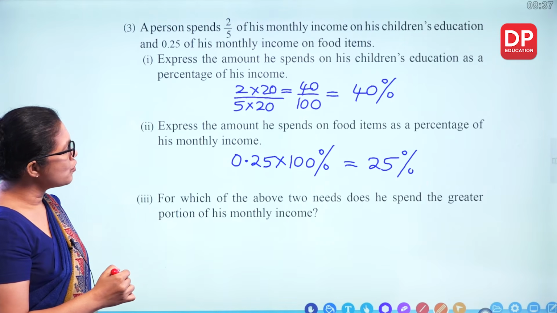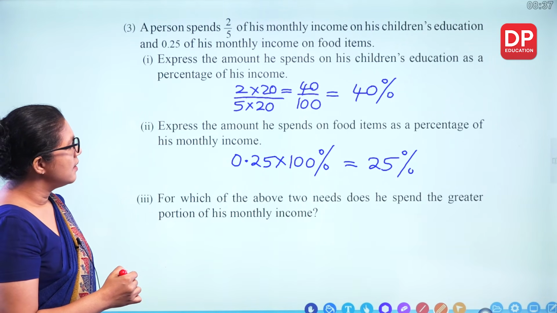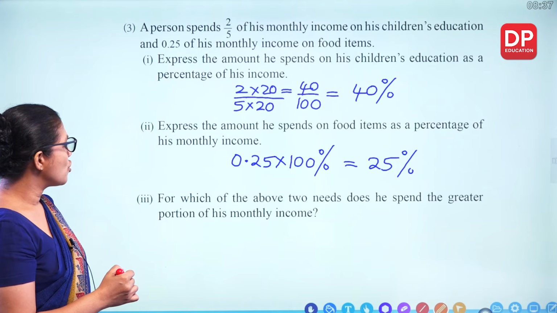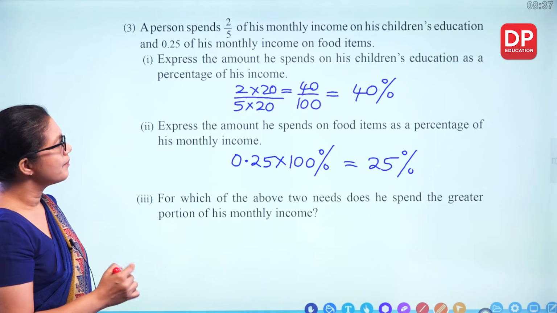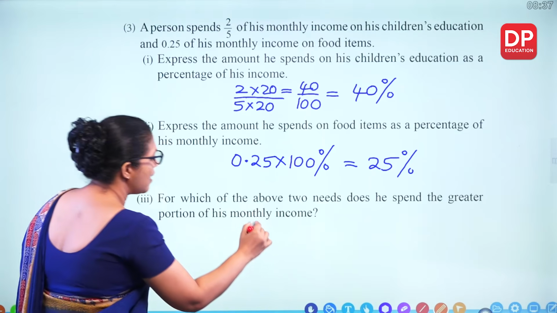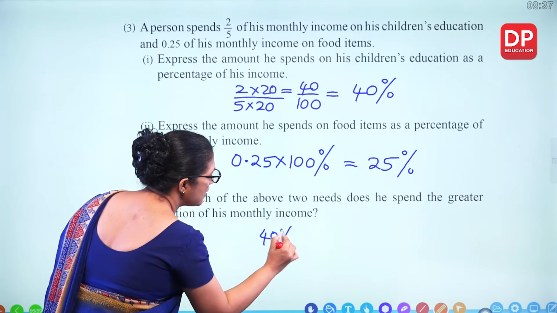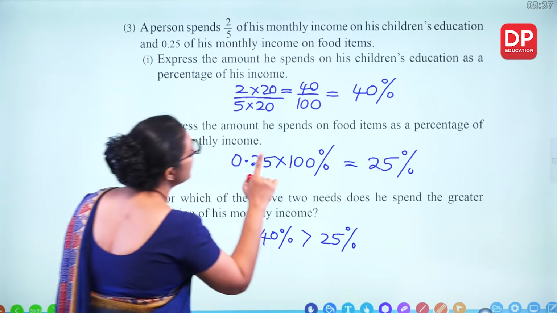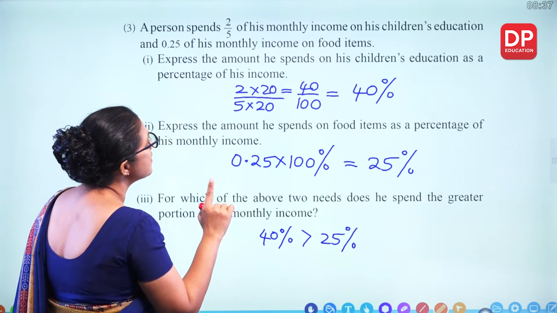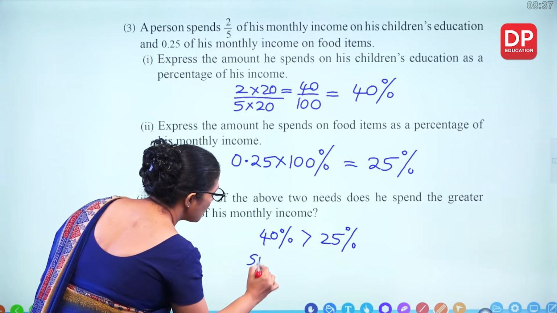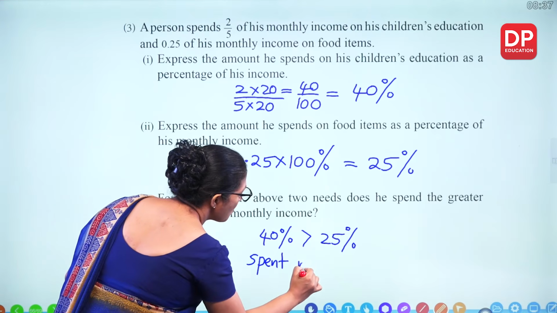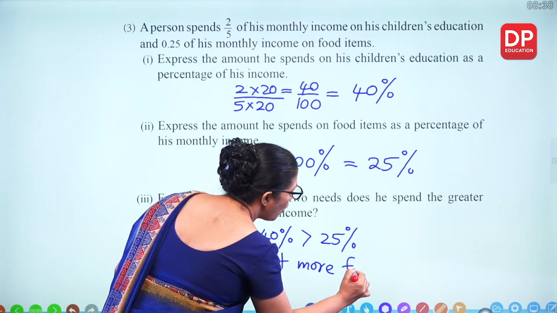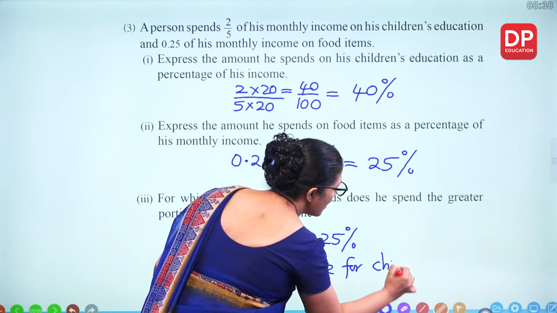For which of the above two needs does he spend the greater portion of his monthly income? So which one is bigger? 40% is bigger than 25%. So he spent more for children's education.